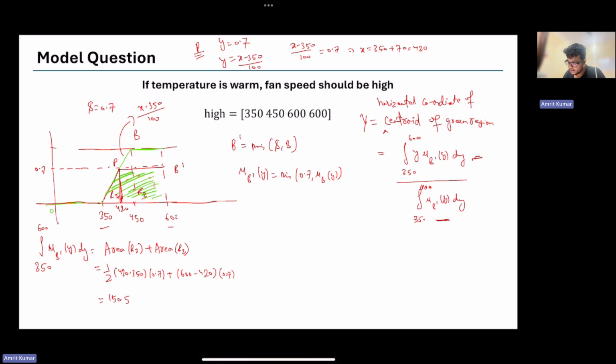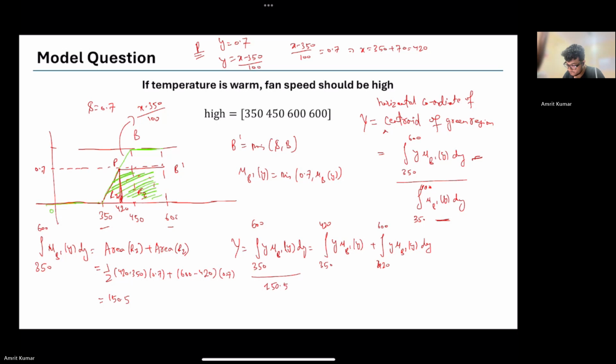This integral can again be divided into two parts. And between 350 and 420, what is the membership function of B dash?